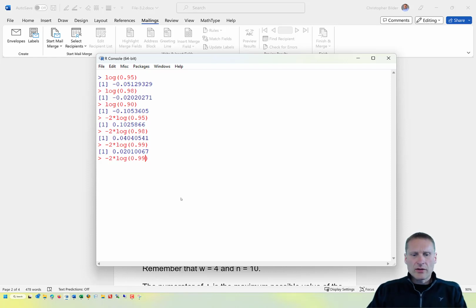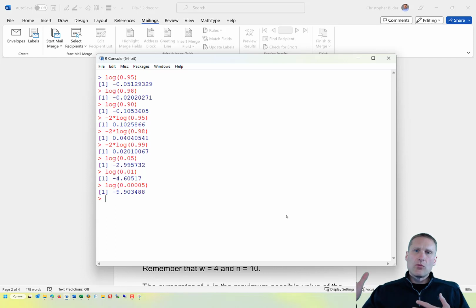Now in an alternative scenario, look what happens as this ratio gets smaller and I put it into this transformation. First of all, if I just do the log transformation, we can see we get more and more negative.